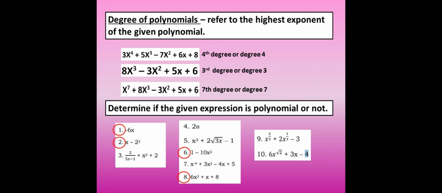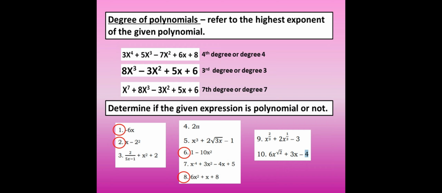Okay, why is number 3 not a polynomial? Because of the 5x squared under the denominator. There is a variable under the denominator, so therefore it is not a polynomial.